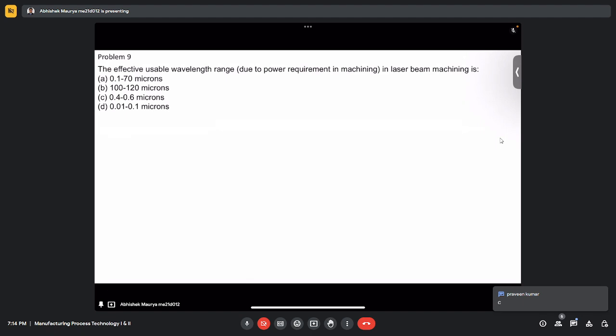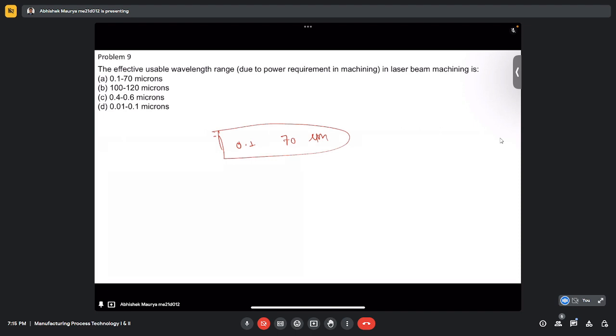Yes, you both are correct. So in general, this range of 0.1 to 70 microns of wavelength means this wavelength of light can be used for producing a laser.